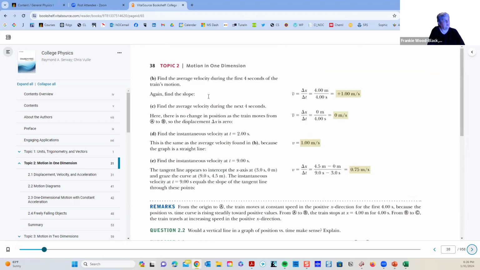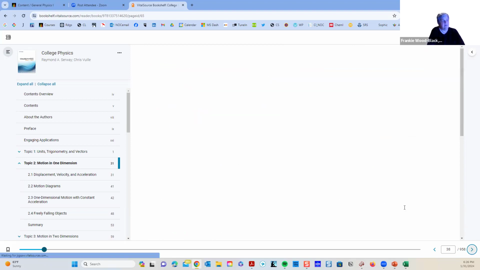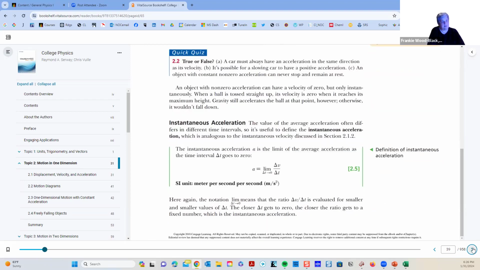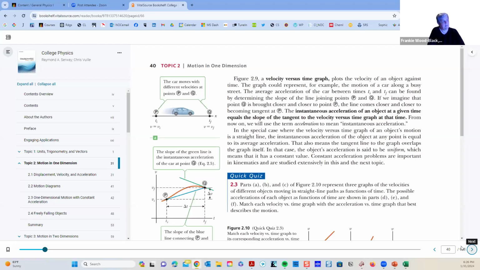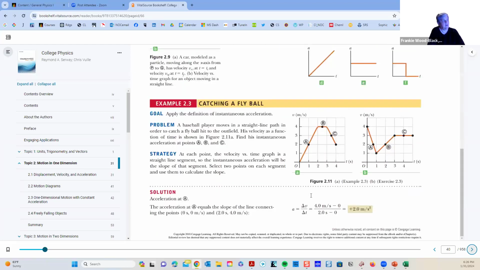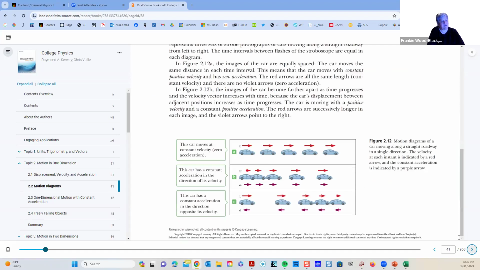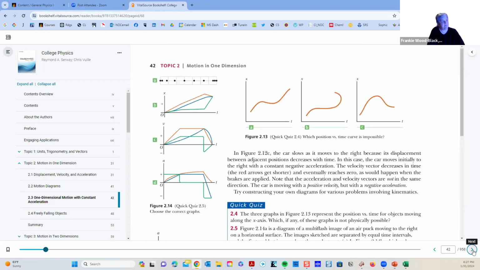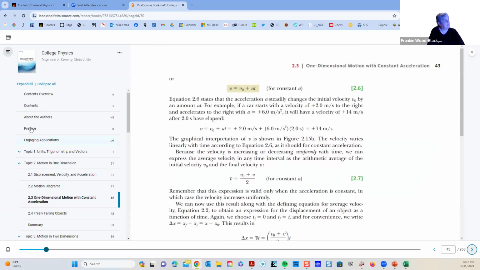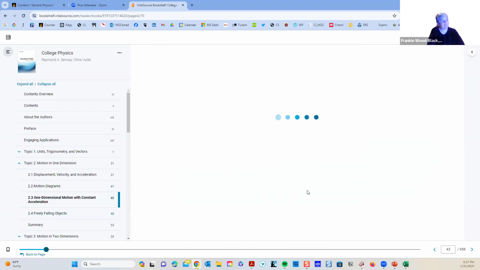This goes through looking at the train. Now we've got an acceleration problem. This is catching a fly ball. But looking at those examples, the motion diagrams, I'm going to get to where I'm headed: our free falling objects.